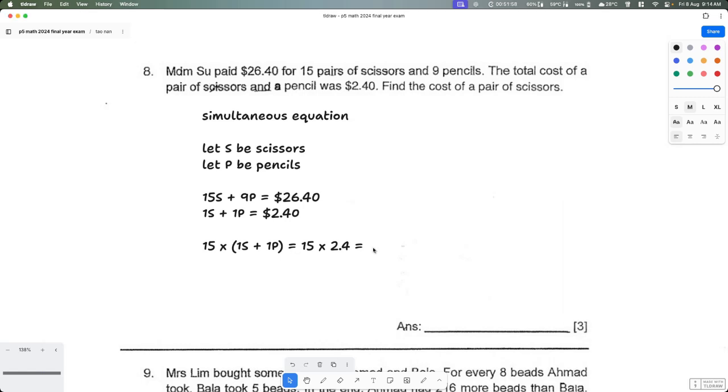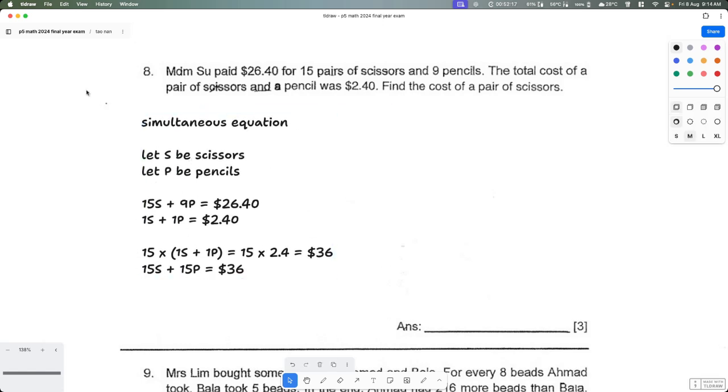This will give us $36, right? So that means this will be 15s plus 15p is equal to $36. Okay, so with this, what we can do is subtract.